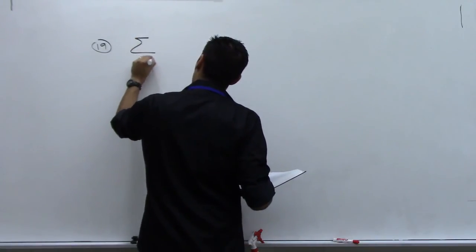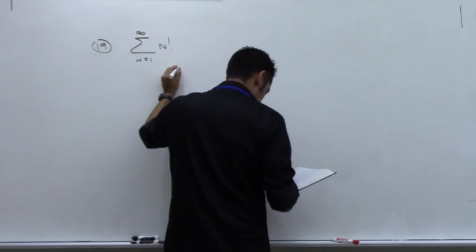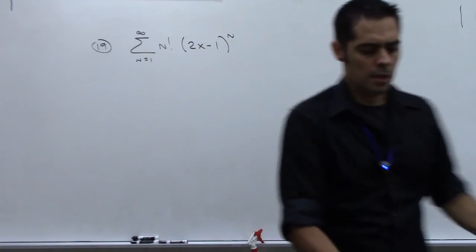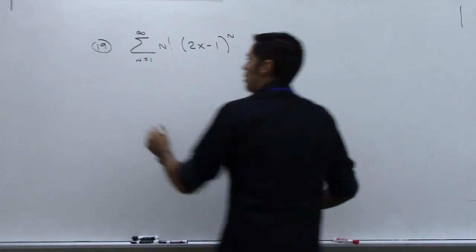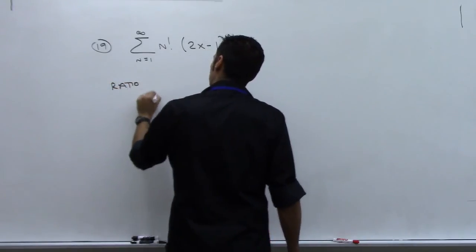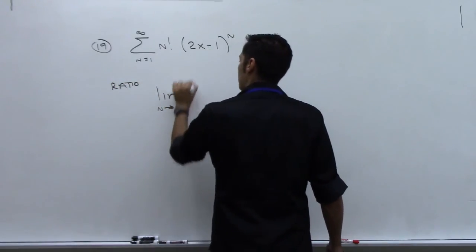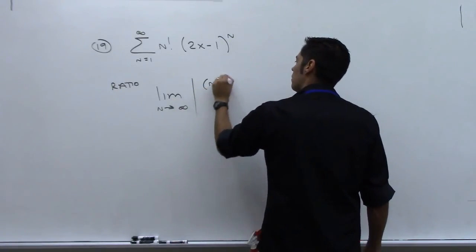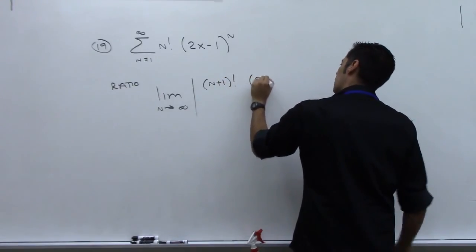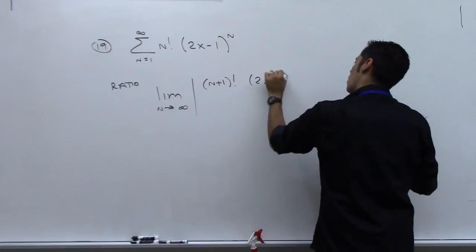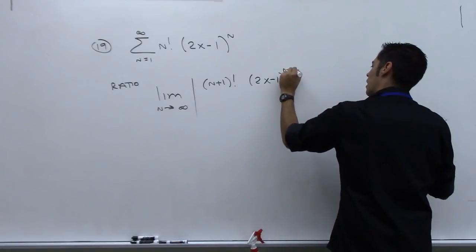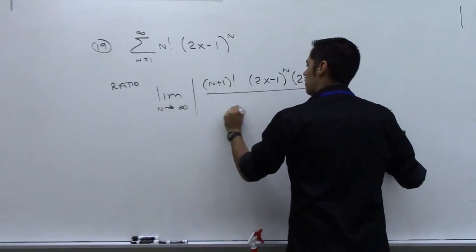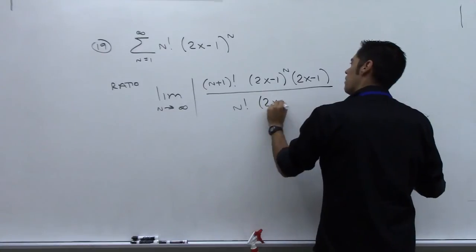Sum n equals 1 to infinity, n factorial, 2x minus 1 to the n. So if I try a ratio test on this, limit as n goes to infinity, since there's not a fraction, I'm just going to write n plus 1 factorial, 2x minus 1 to the n times 2x minus 1 over this, n factorial 2x minus 1 to the n.